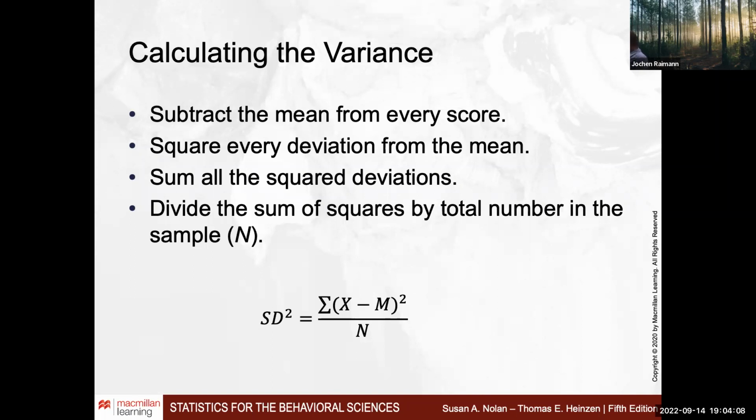And you sum x minus m squared. So you sum all the squared deviations from the mean up, you get to the sum of squares, and you divide them by the n. That gets you an average squared deviation. So that's the variance from the mean.